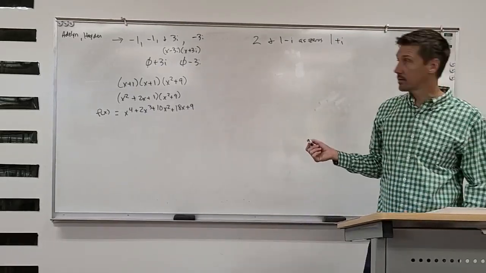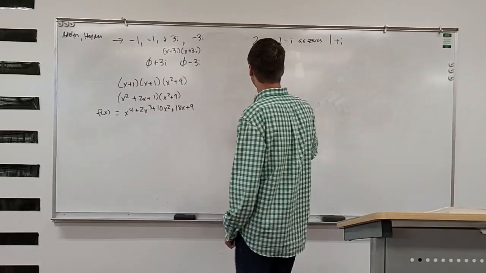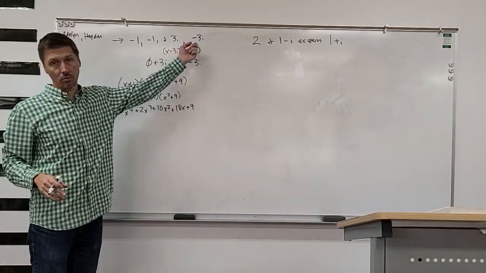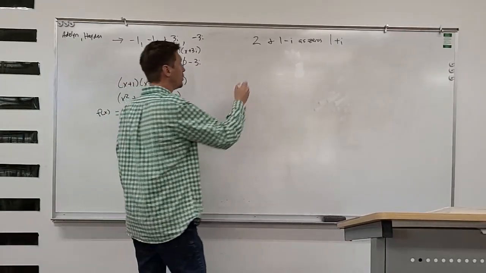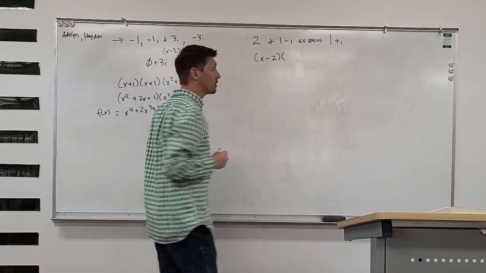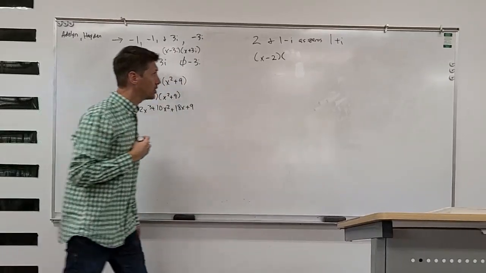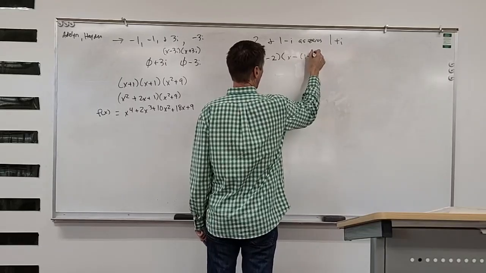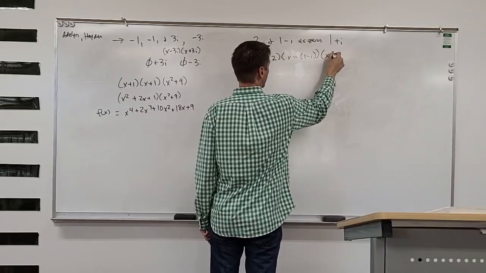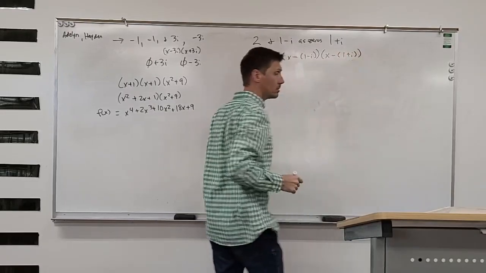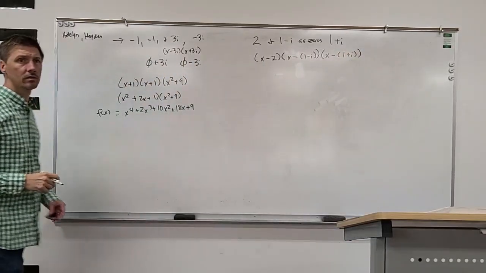So 1 plus i, right? And so when we write down this one, it's a little weird because it's not as simple as the last one. I just wanted to show you that when you write these down as factors, it's x minus 2, x minus 1 minus i, and then x minus 1 plus i. Does everybody see that?